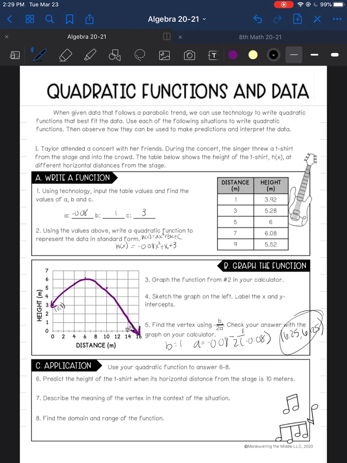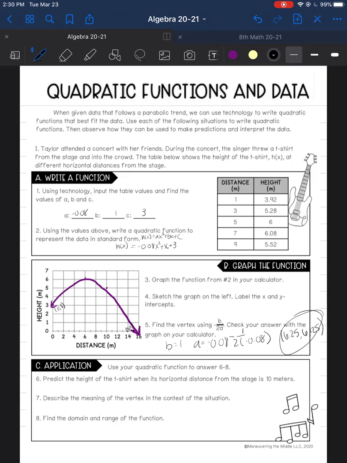So number 6, we're going to predict the height of a t-shirt when it's at a horizontal distance from the stage of 10 meters. What that means is my x is 10, so we want to know what the y is. So if x is 10, what is the y?